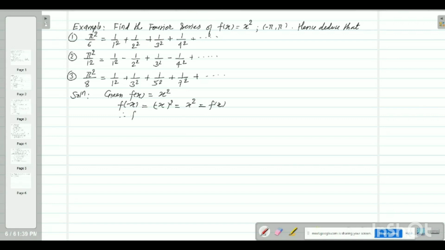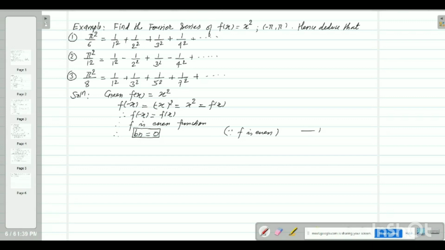Therefore you can say that f of minus x equal to f of x. So this implies that f is an even function. Then we can say that bn is 0, since f is even.